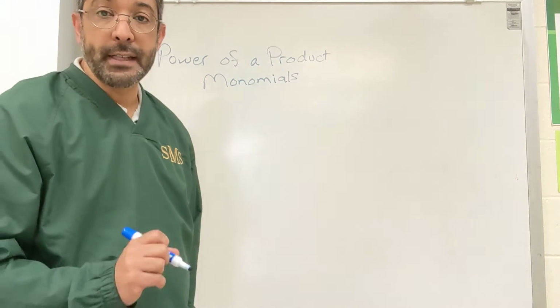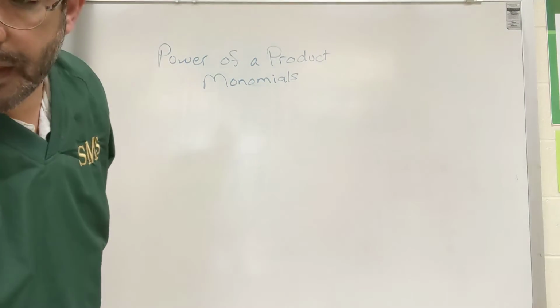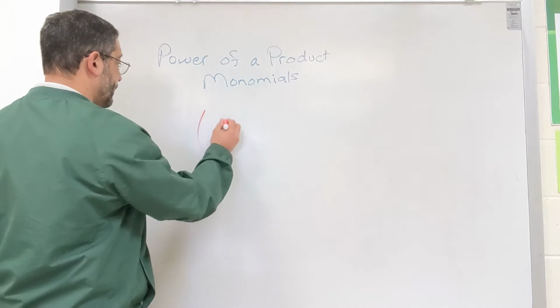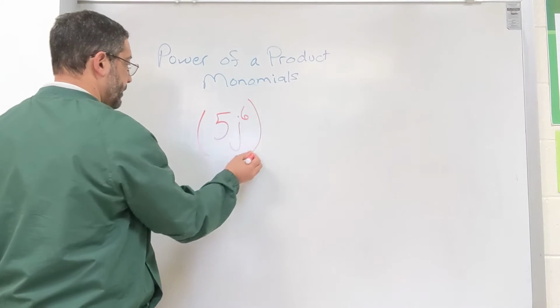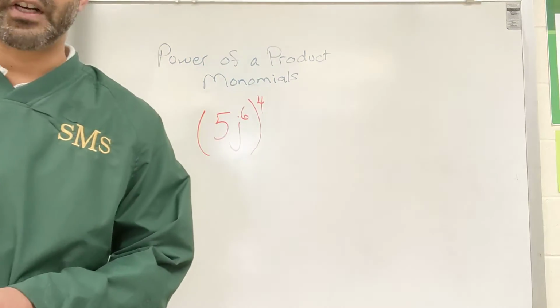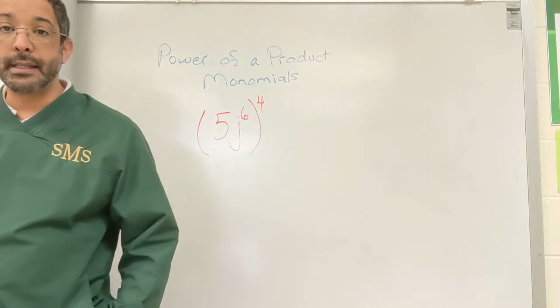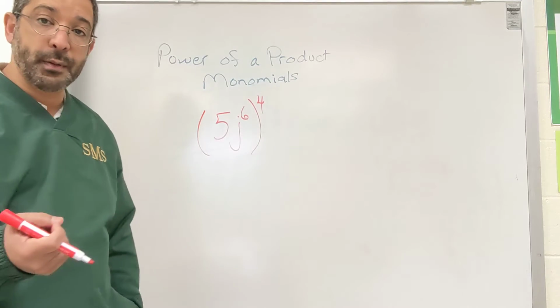Okay? So if I take the following expression, let me get a different color here, which is going to be 5j to the 6th, and I want to raise that entire expression to the 4th power, okay? What we did when we have like bases that are being multiplied, we added our exponents.